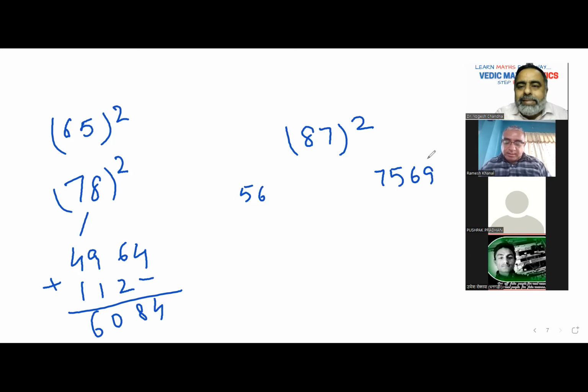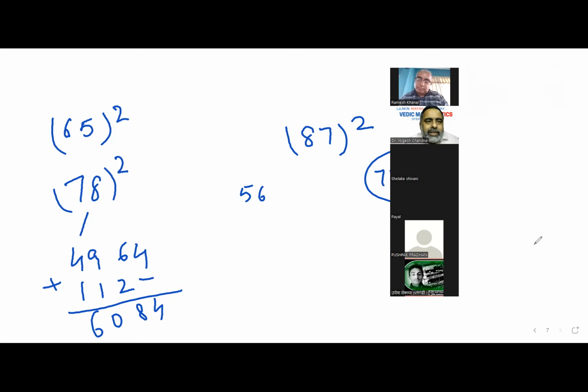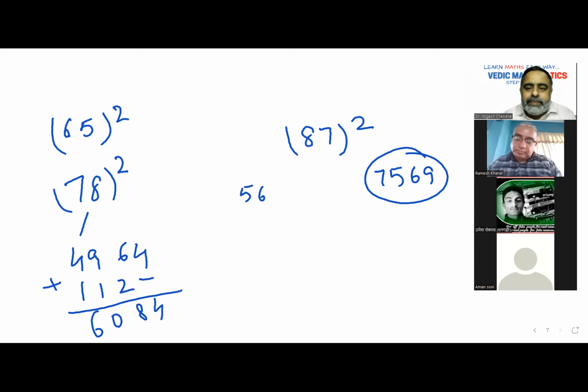How many of you got this answer? Shivani, Anupma, Aman, 7965, sir. 7569. Aman, what is the answer, beta? Sir, 7569. How did it come? Sir, 8 square is 64, 7 square is 49, and sir, you said that under the last digit only a dash will come, nothing else. Then 112 comes fully. So, 7569.